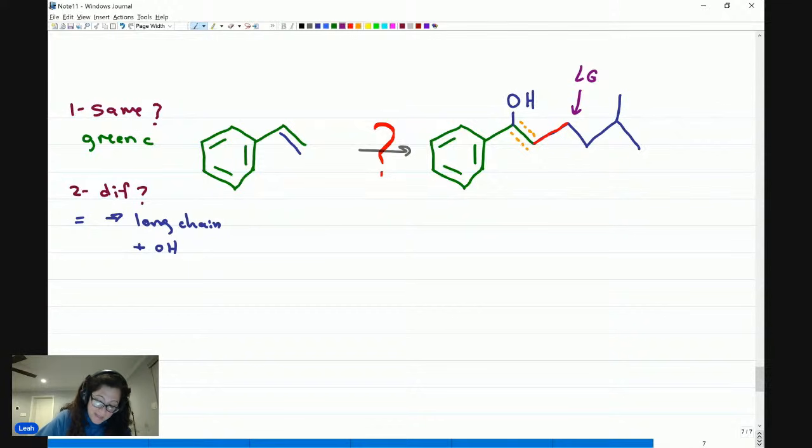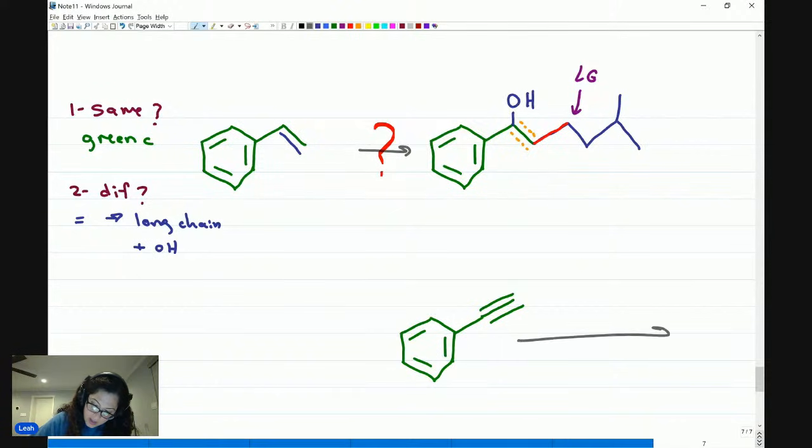This right here means that I came from a molecule that looked like this, with an alkyne right here attacking this portion.